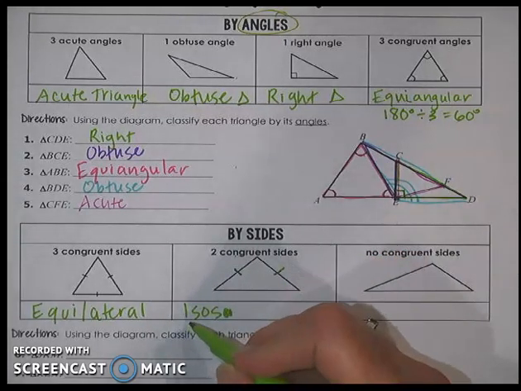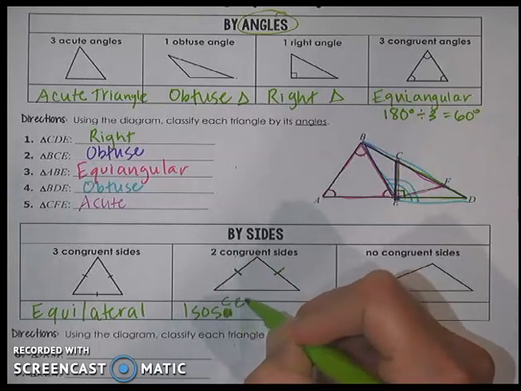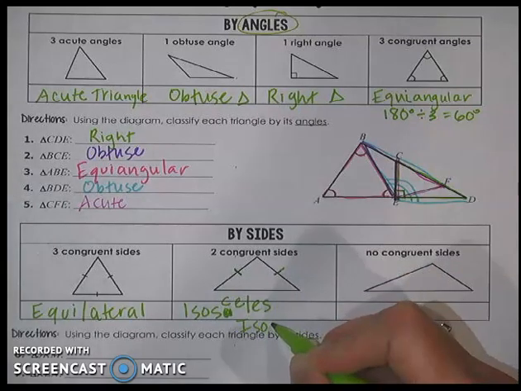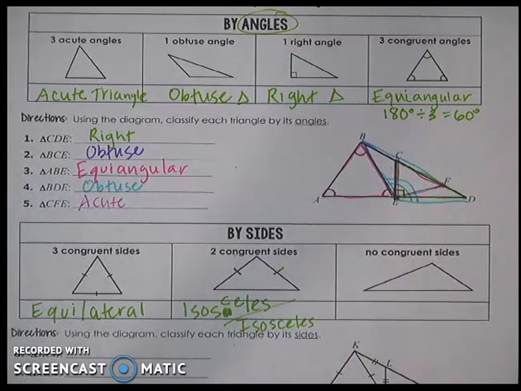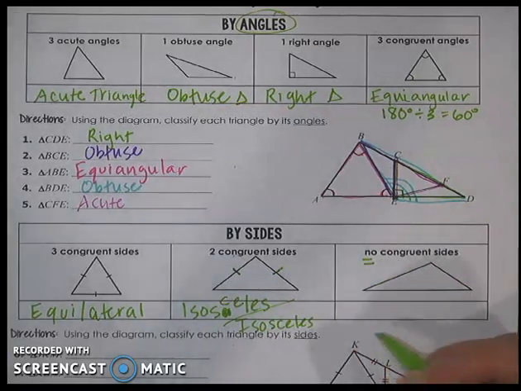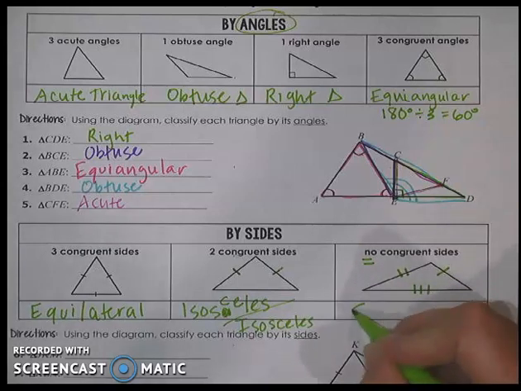It should be ISOSCELES. Sorry about that. And then if there are no congruent sides, nothing is the same, we call that scalene.